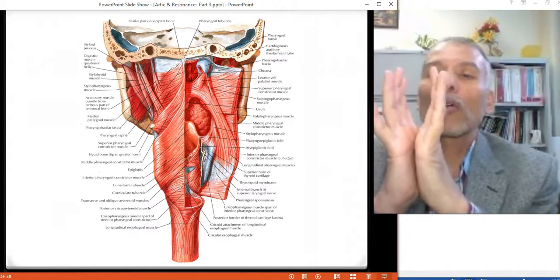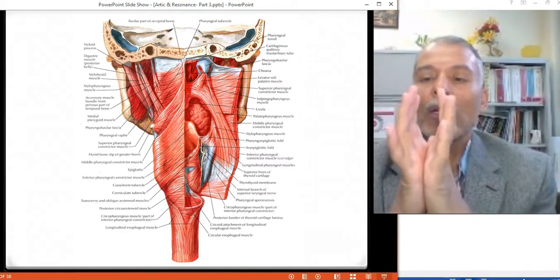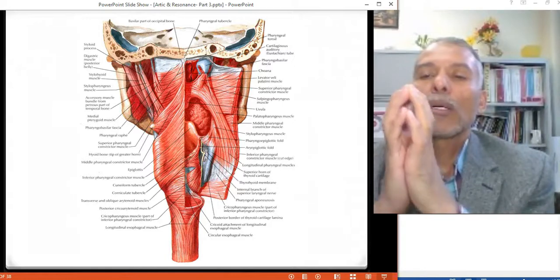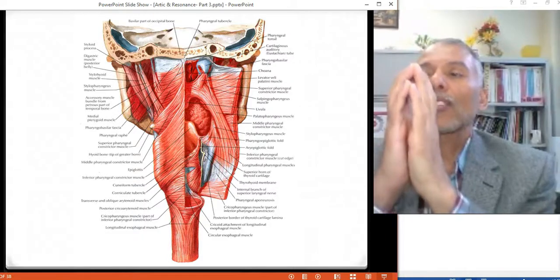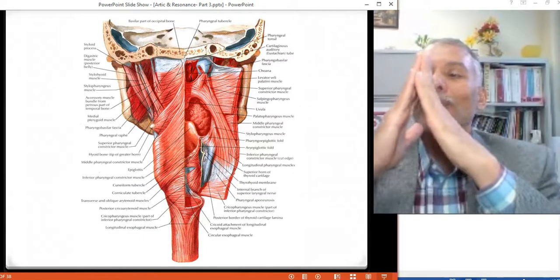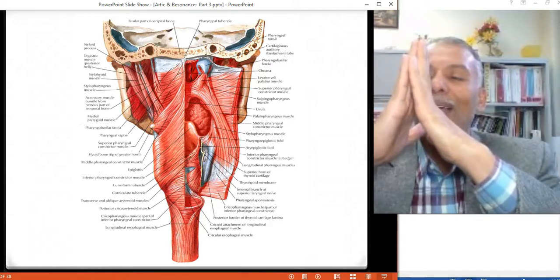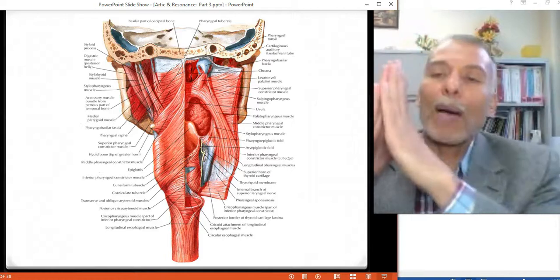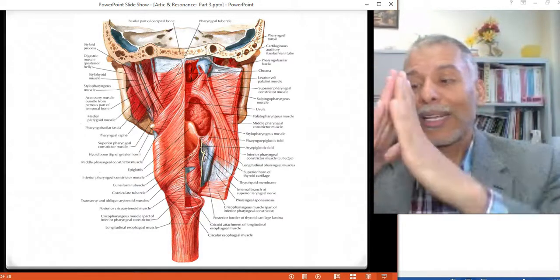When you put something onto it, for example, the food is coming down, you close from the top using the cricopharyngeus, and as you close, it forces the food down into the esophagus, and then as the bolus goes down, the area behind or above the bolus is going to close.